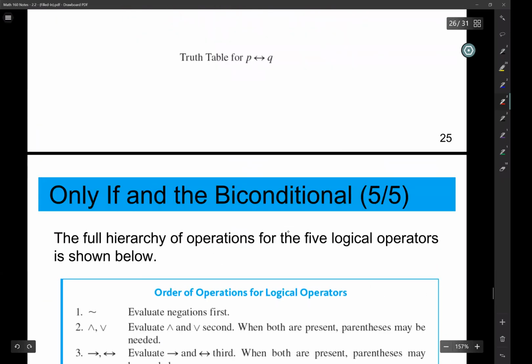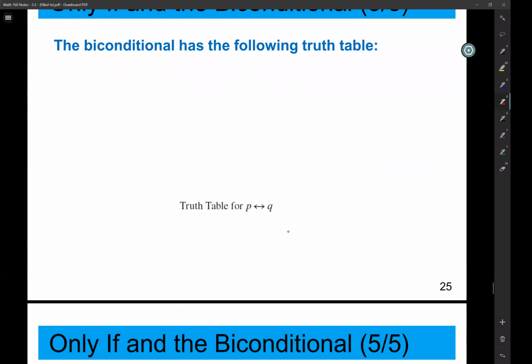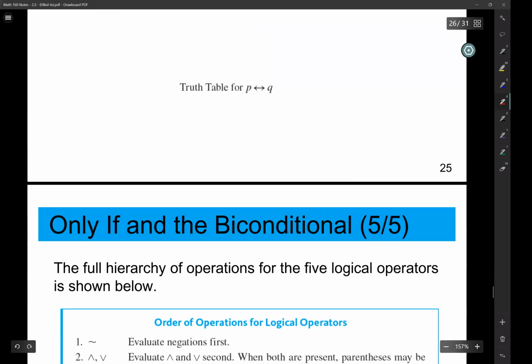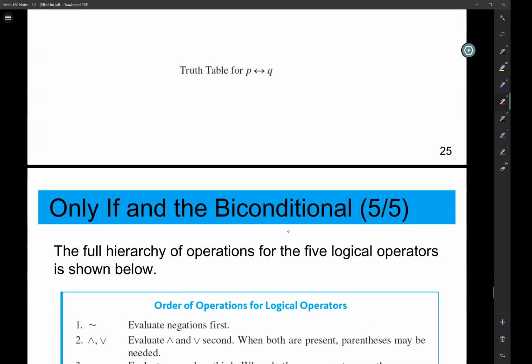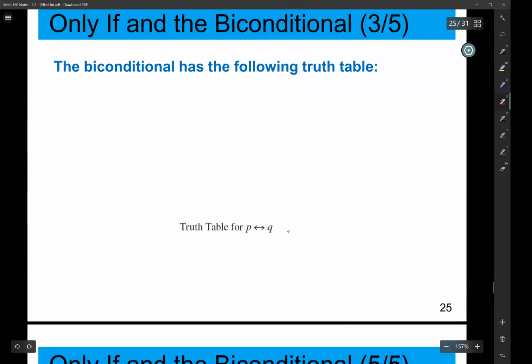Hopefully I wrote this down. Okay, I did not. This video is already long, so I'll do a quick one here. Here is the truth table for the biconditional, P, Q, and the biconditional reads P if and only if Q. These are the automatics: true leading to false, false leading to true, and false leading to false.